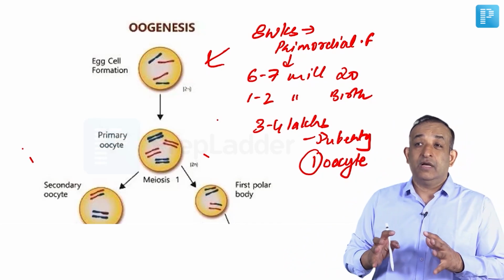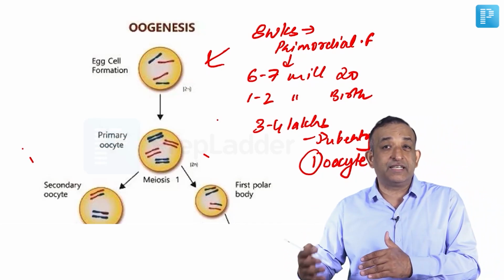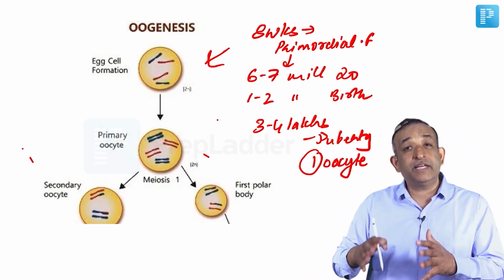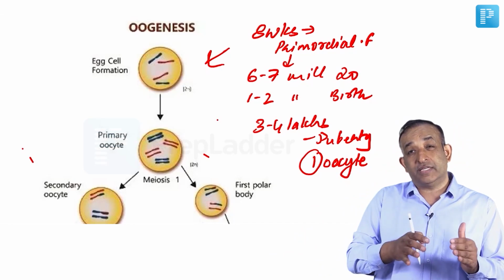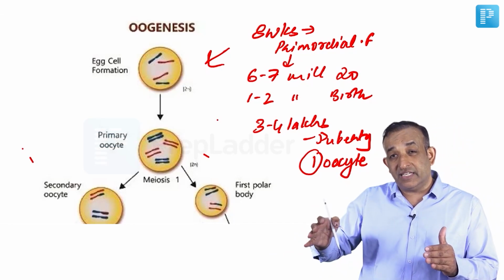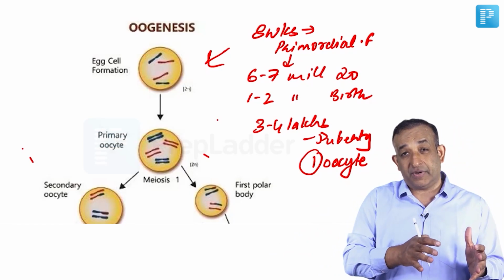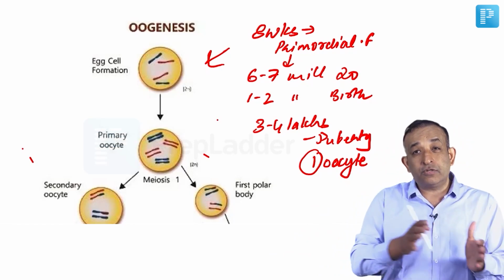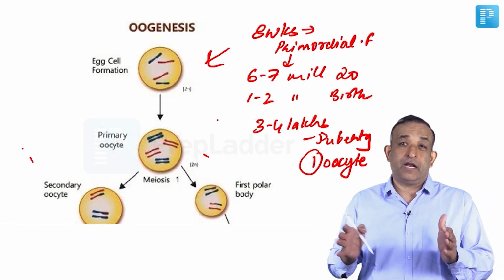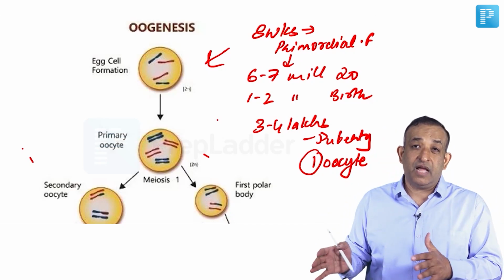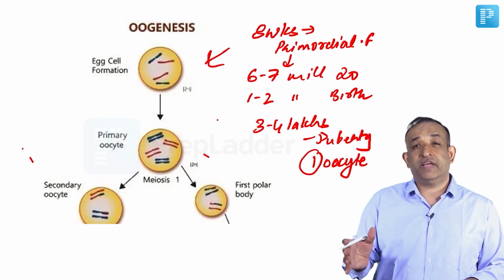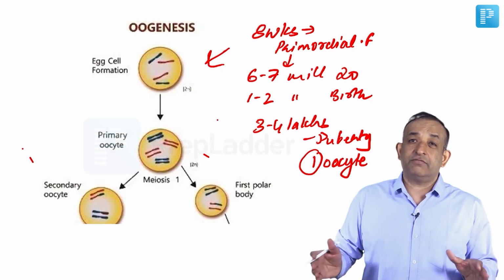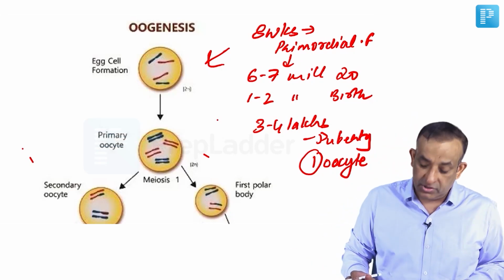One egg gets matured and is released every month, but the remaining keeps getting destroyed. From 12 to 50 years of life, around 450 oocytes are released, and all the remaining oocytes degenerate. That is why by 50 years of life all the oocytes are destroyed, and we say the woman has reached menopause.